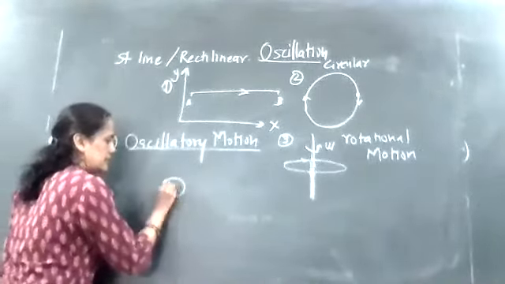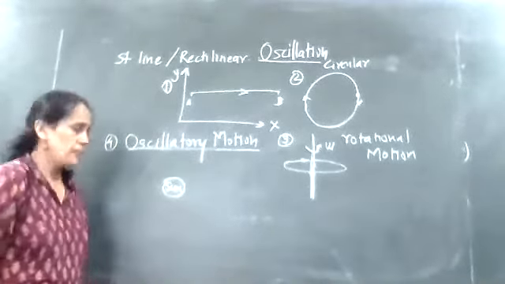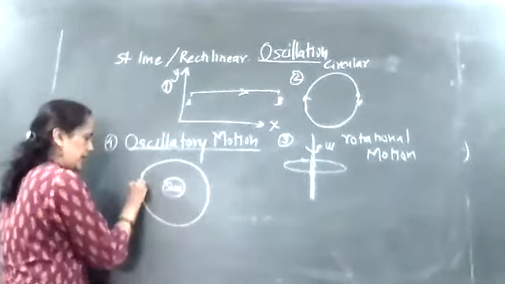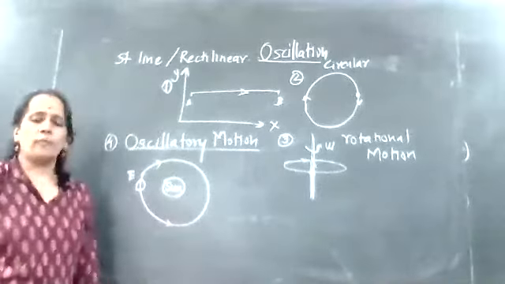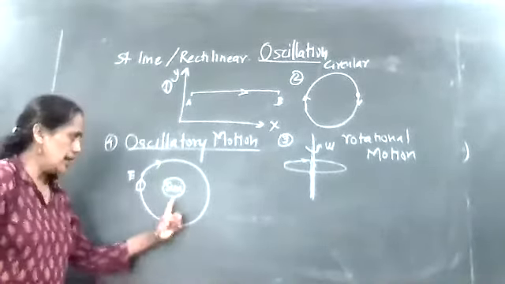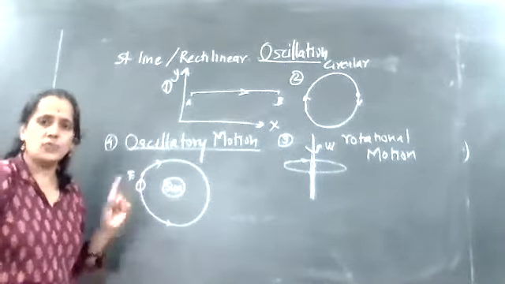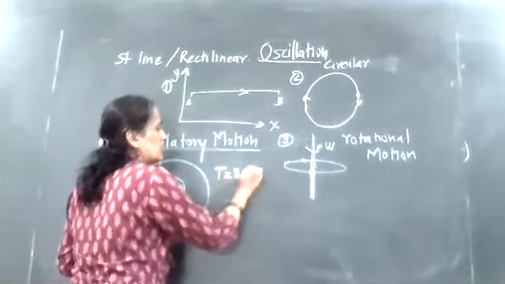Let's consider the sun located in the planetary system, and around the sun, Earth is rotating in an orbit. Earth completes one rotation around the sun in a time interval of 365 days.